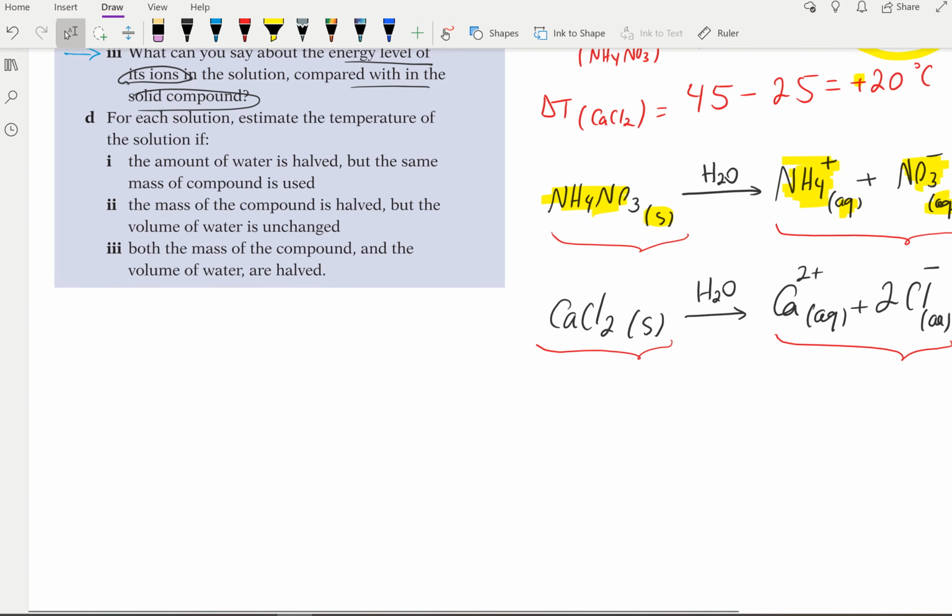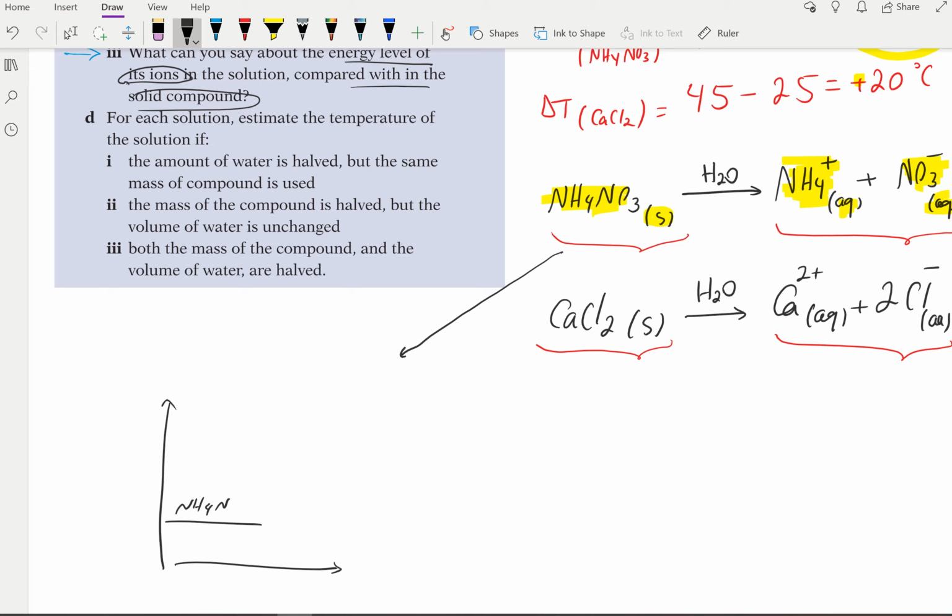So if I want to draw the energy level diagram for the dissolving, for the first one, which is endothermic, I can draw it like this. I don't draw the energy and the extent of the reaction. This is the energy level of the reactant, which is solid NH4NO3. When it becomes ions dissolved in the water, the energy of those ions increases because the reaction is endothermic in this case.